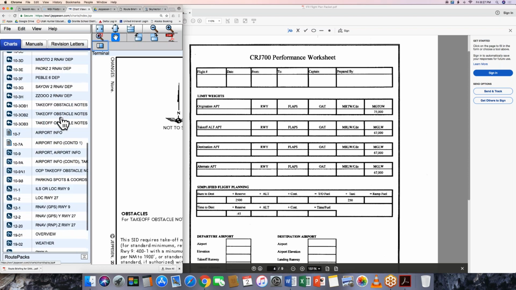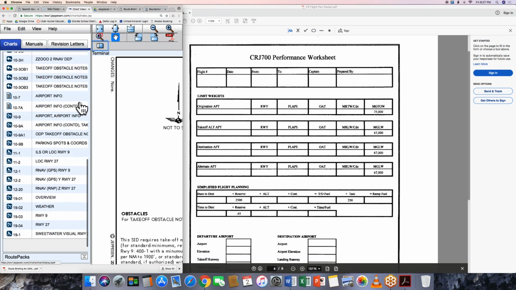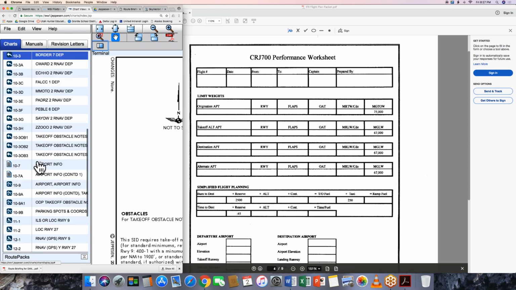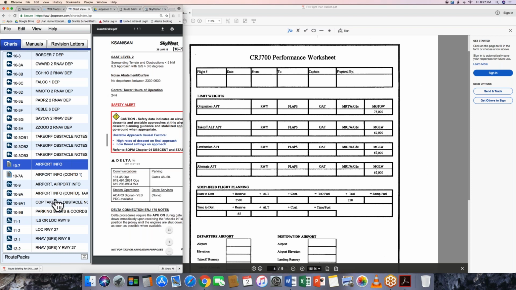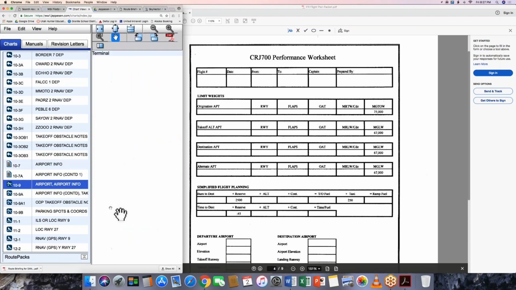Okay, San Diego. We're going to look at our runways here. We'll just look at the 10-9 chart.